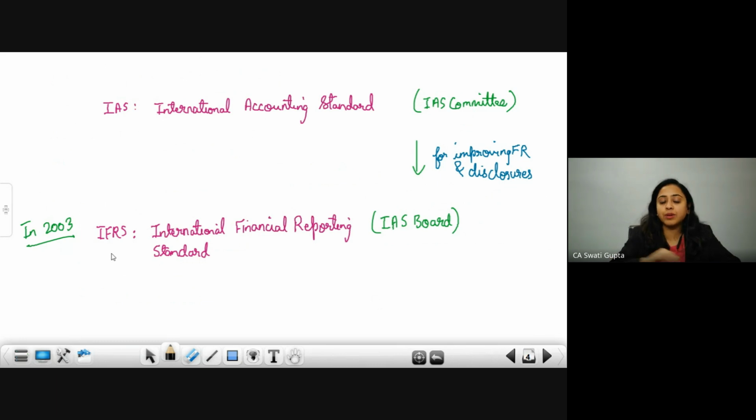The country boundaries, the geographical locations, are no more a barrier. So companies are more interested in investing in those countries which are open, which are friendly, and it is so much easier to invest in those countries wherein the financials have the same language, have the same uniform patterns.